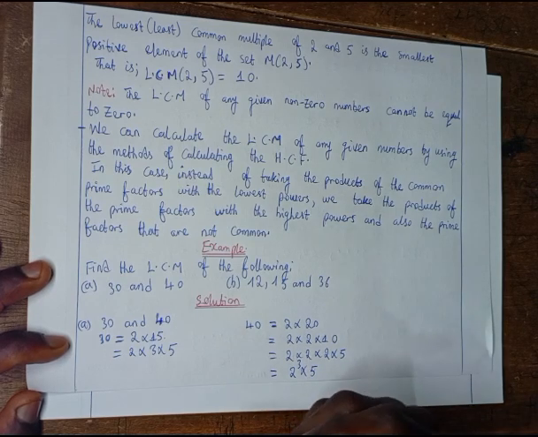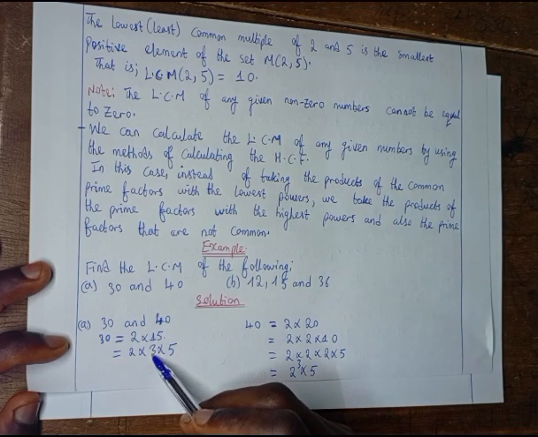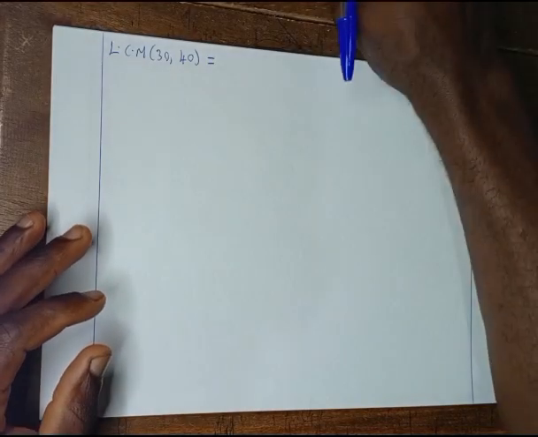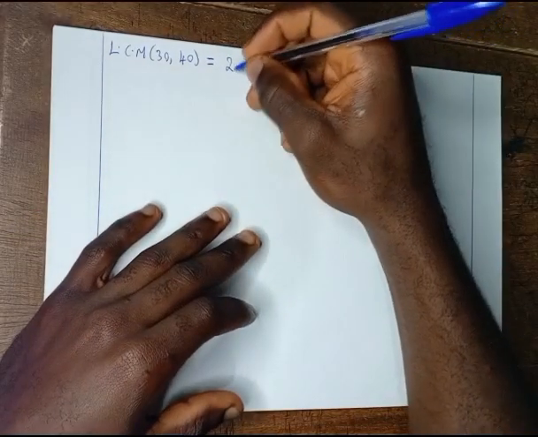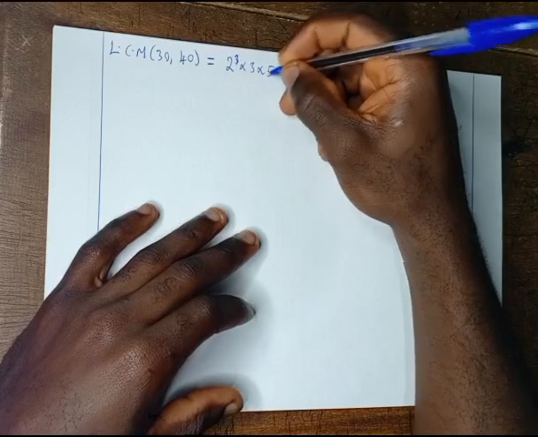Then we multiply by the prime factor which is not common with the highest power. Here 3 is to the power 1, so we are going to multiply by 3. This will simply be equal to 2 raised to the power 3 times 3 times 5.